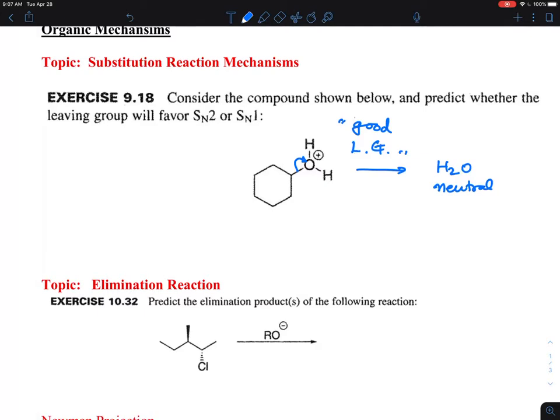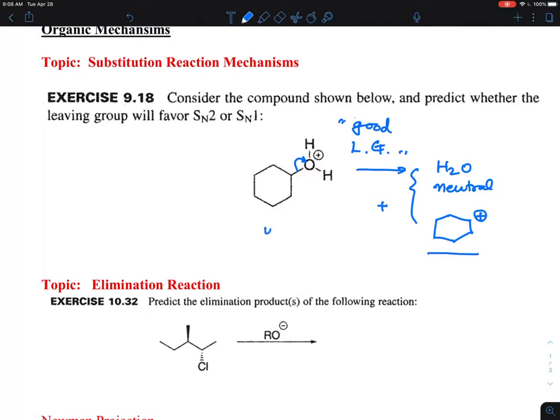So once you generate this good leaving group, you end up making a carbocation. This is therefore a unimolecular reaction, so whether it's SN1 or SN2, it's SN1.